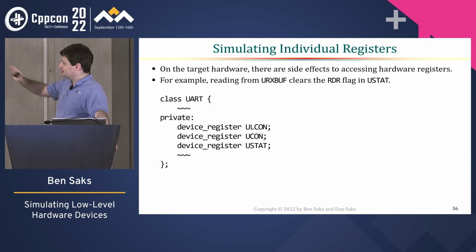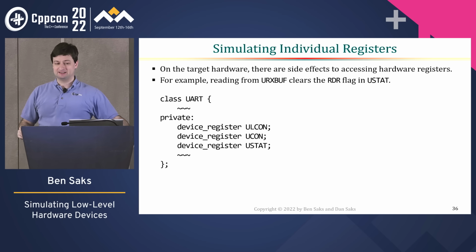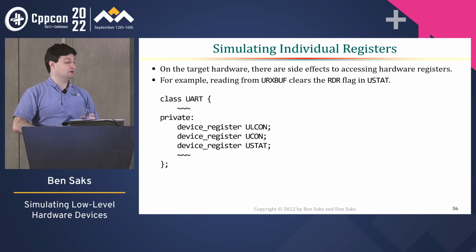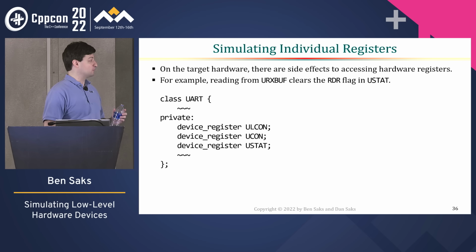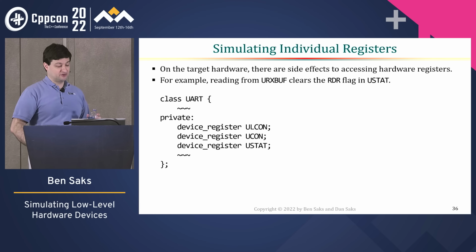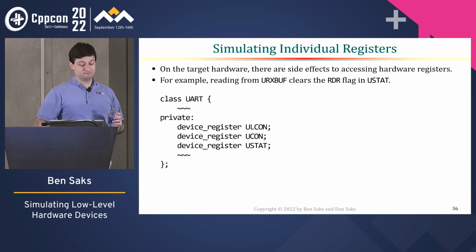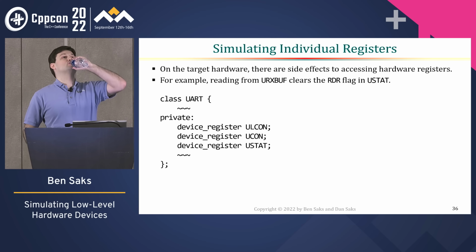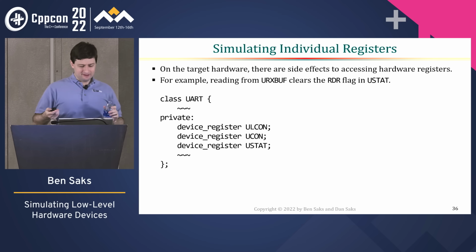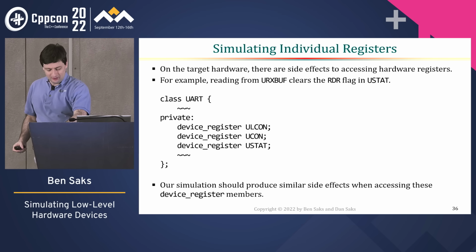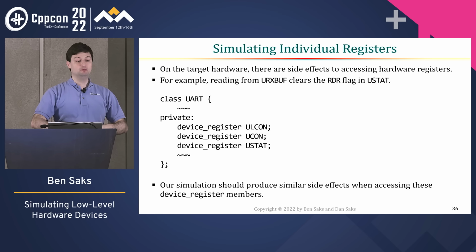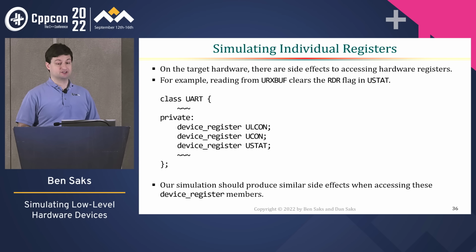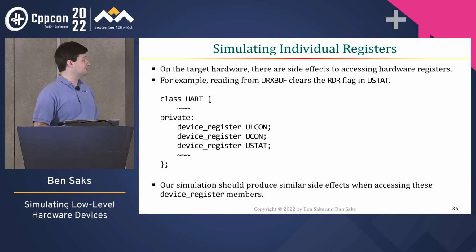So there are side effects to accessing these registers on the target hardware that we need to take into account. On the hardware, those things happen for us automatically. For example, as I mentioned, when we read from the receive buffer, that automatically clears the RDR flag in the status register. In the simulated environment, we're going to need to write the code to duplicate those effects or produce similar effects when we access our device register members of types like UART.